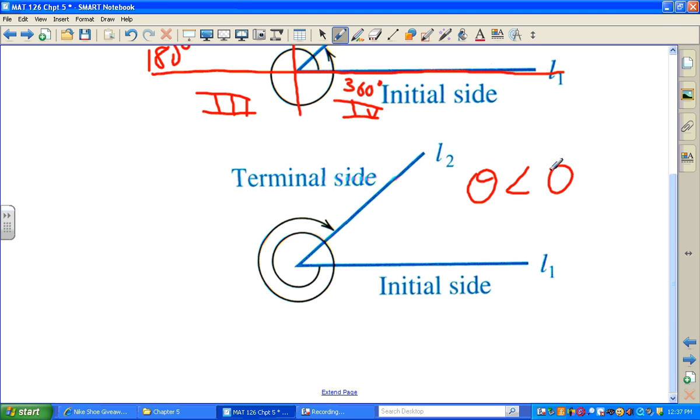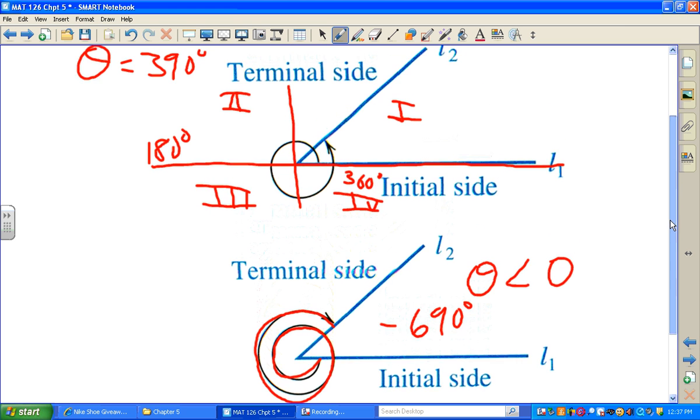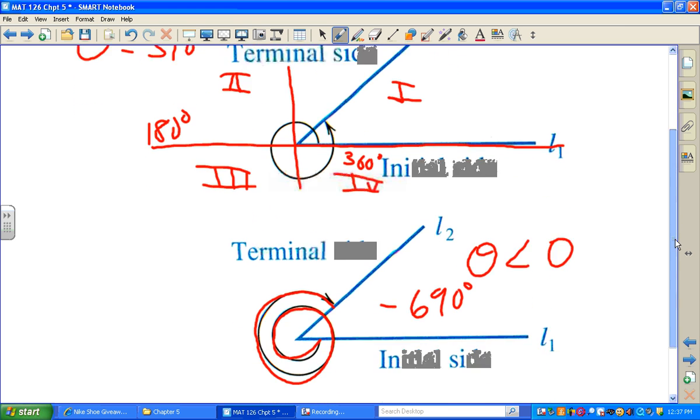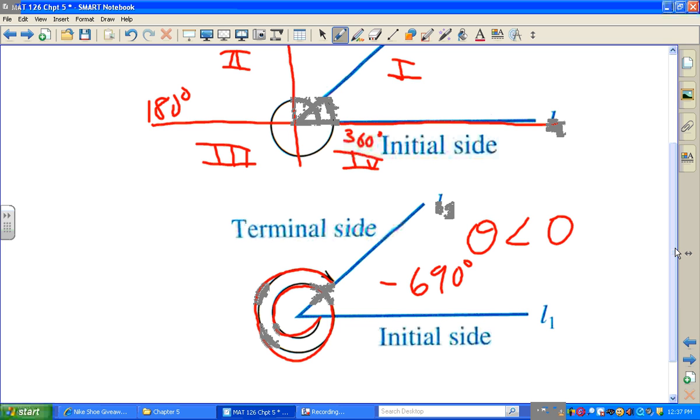It's going clockwise, spinning around: negative 180, negative 360, negative 540, negative 630, so around to negative 690. If theta were negative 690, it'd be coterminal with the 390 and the 30. They would end in the same place. So that would be theta.